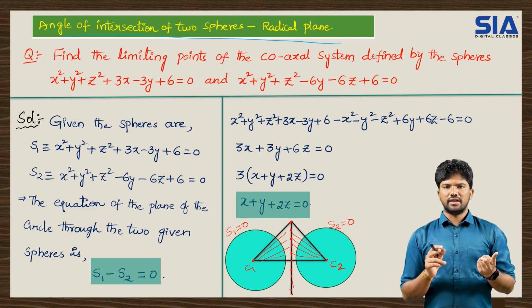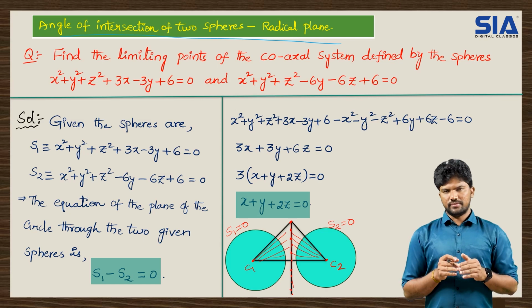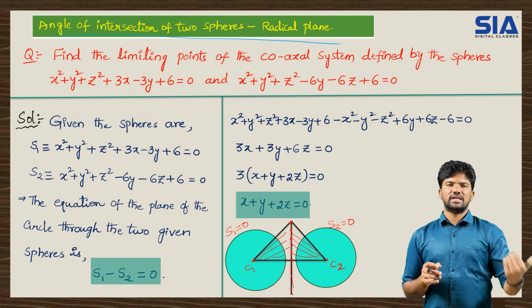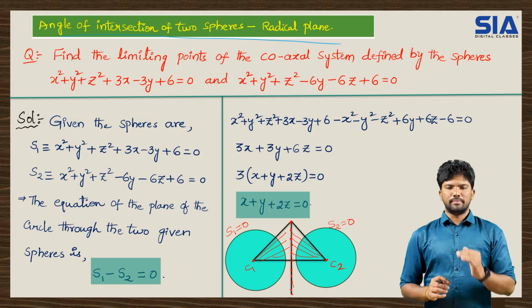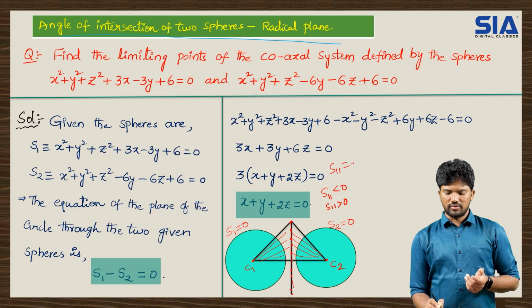Two spheres are there. Write the power of the point with respect to both. Power of the point tells us whether the point is outside the sphere, inside the sphere, or on the sphere, based on the S11 value: S11 greater than 0, less than 0, or equal to 0.